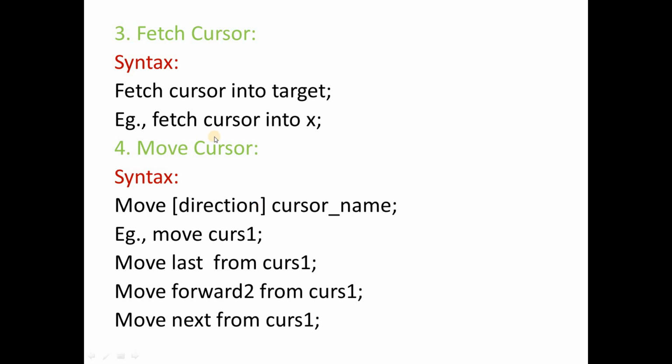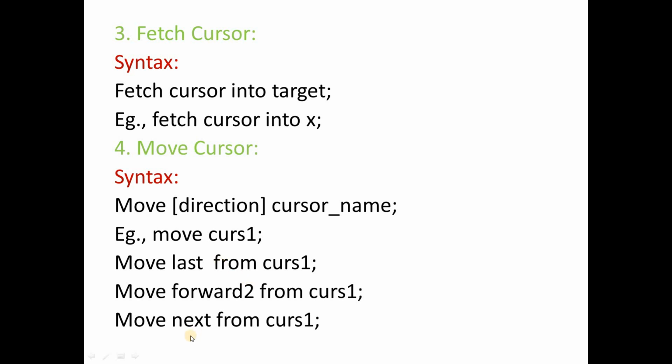Here are examples. We can use move cursor 1, which means move to cursor 1. Second example: move last from cursor 1. We reposition the cursor to the last position in the cursor 1 variable, so we use last.